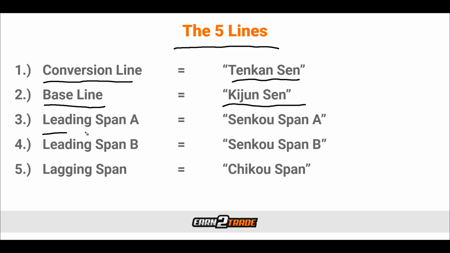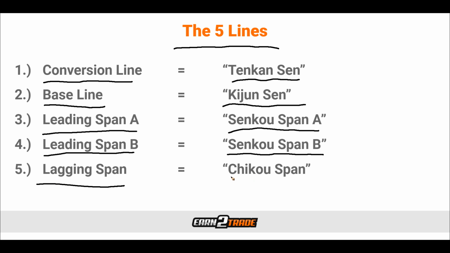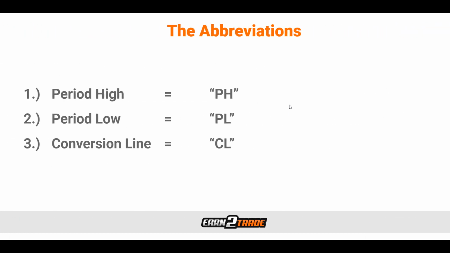The leading span A is going to be our Senkou span A. The leading span B is going to be known as our Senkou span B, so simple there. And our lagging span is going to be our Chikou span. All right, nothing too crazy there. And once again, the name pronunciation for me is the hardest part about trading, oddly enough. Moving along.